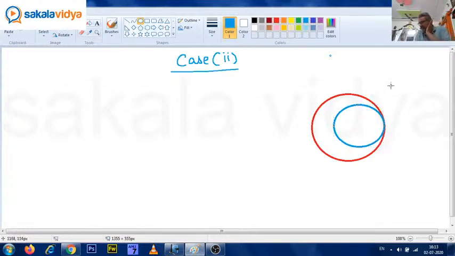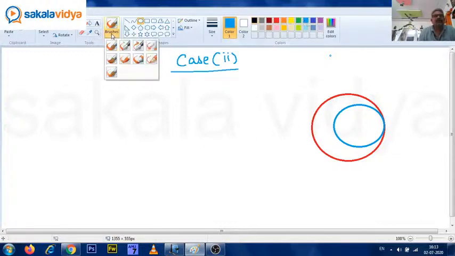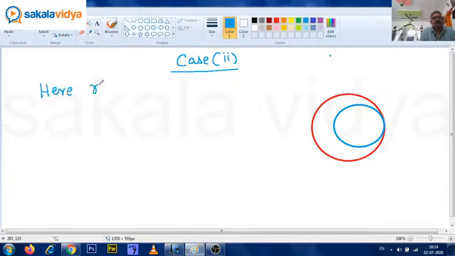Here one circle touches the other circle inside. So in this case, we can consider R1 is greater than R2. This is the radius of this circle.